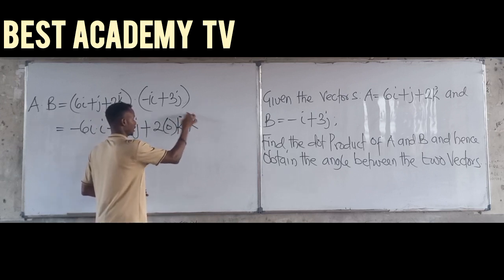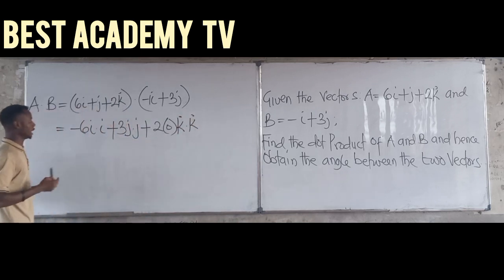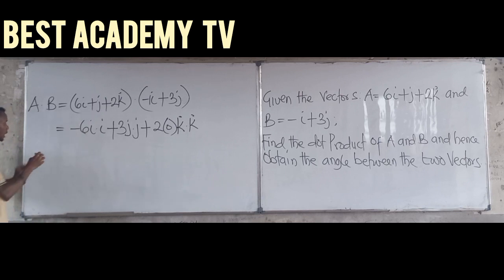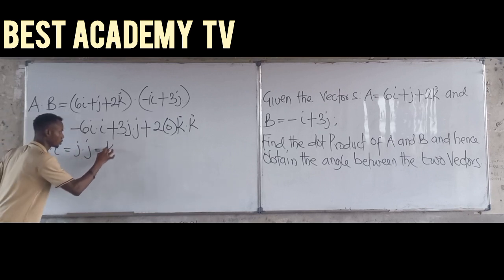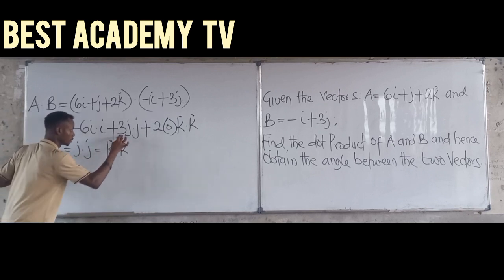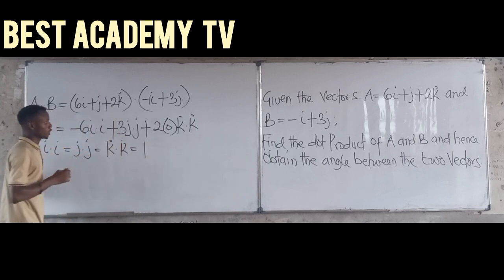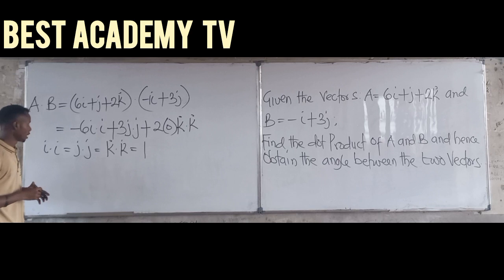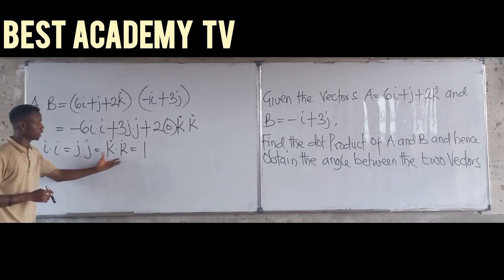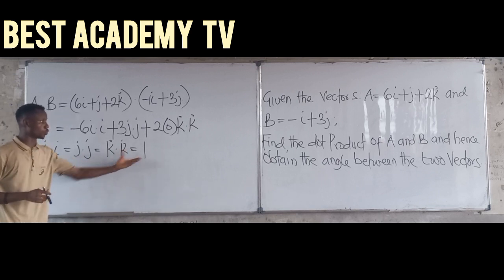k dot k. And I told you guys that in vectors, i dot i is equal to j dot j is equal to k dot k is equal to 1. So anywhere you see i dot i, you replace it with 1. Anywhere you see j dot j, you replace it with 1, and this one is equal to 1.